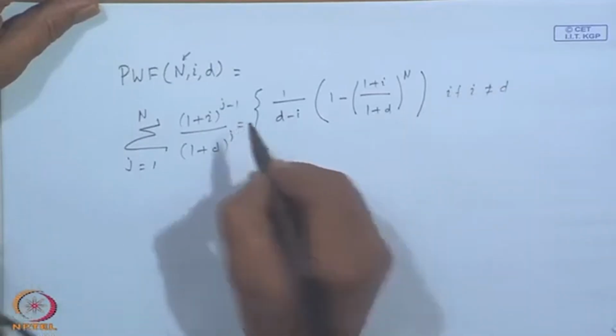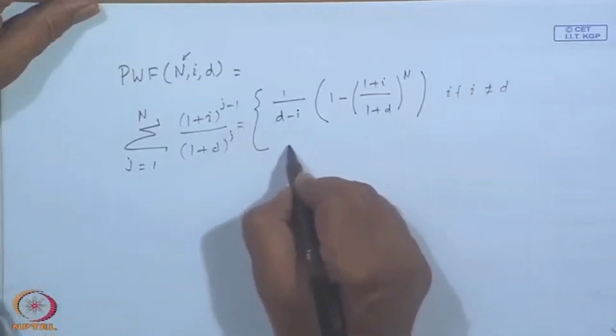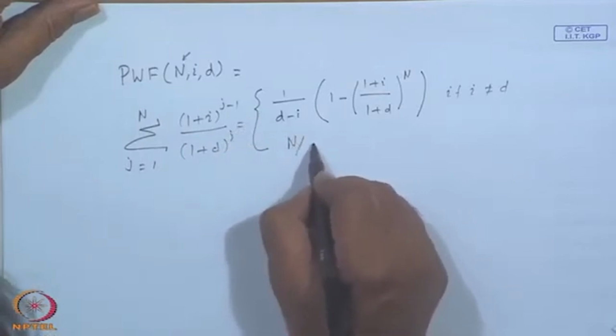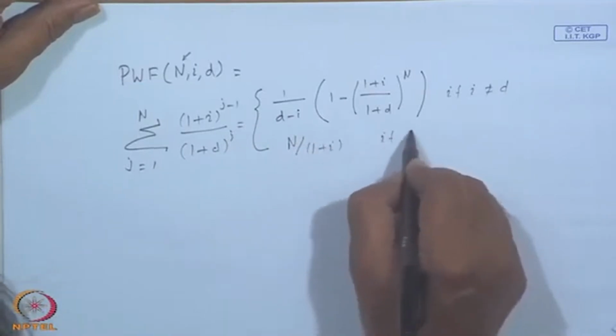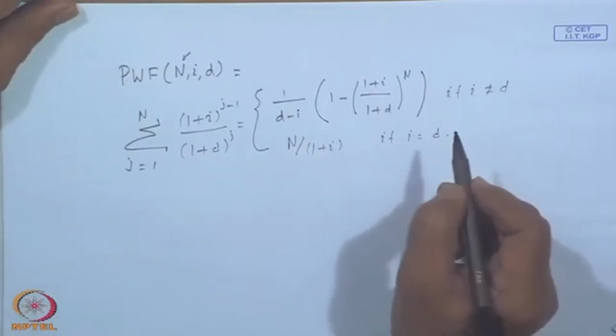So, this should be equal to, and simply n by 1 plus I if I is equal to d, right.